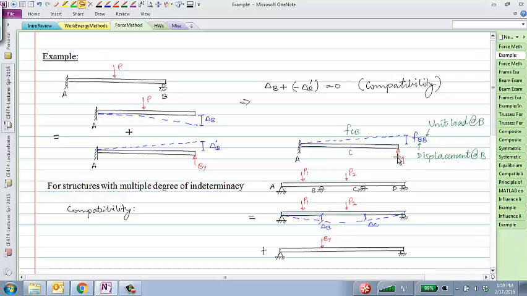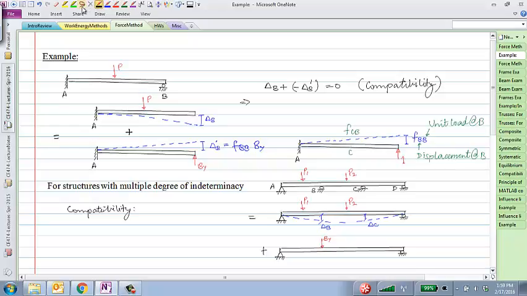If I apply a unit load, I get a displacement FBB. If I apply a load By, what displacement do I get? FBB times By, right? So this would be equal to simply FBB times By.